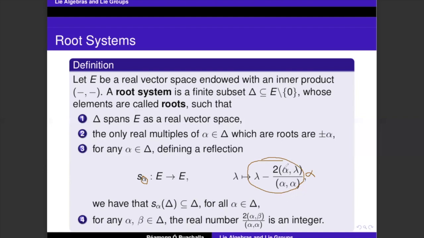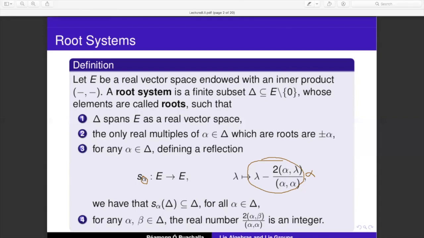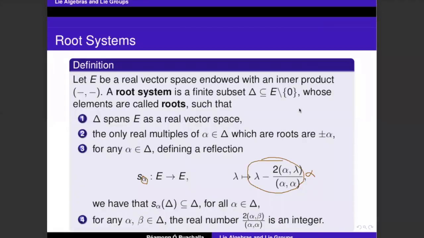And then we've got the projection of lambda onto alpha. Okay, and then what we're doing is we're going to subtract this. It's going to subtract the coefficient of alpha with respect to this orthonormal basis, and hence give you a reflection just in the alpha.